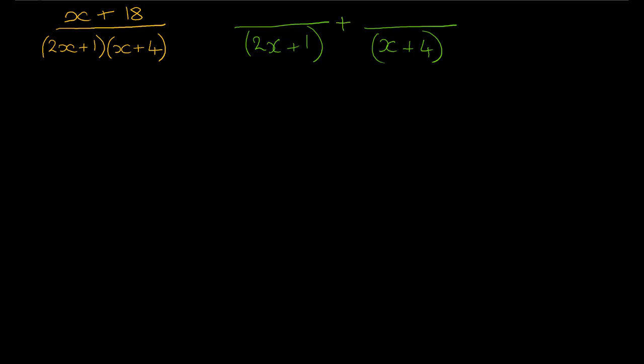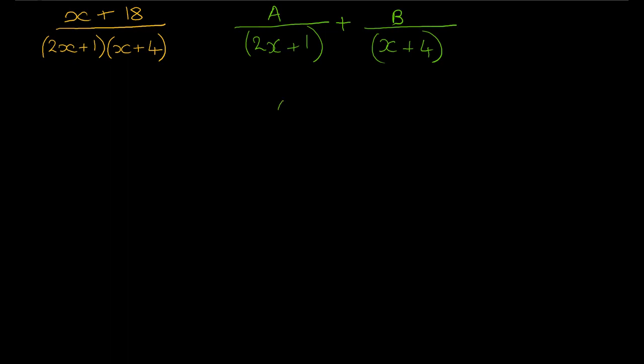And we're going to have those added together, and we're just going to stick a and b on the top for the moment because we don't know what they are. And so our task now is to work out what a and b would be. So we're going to do that by reversing this process here as if we were going to add these fractions together.